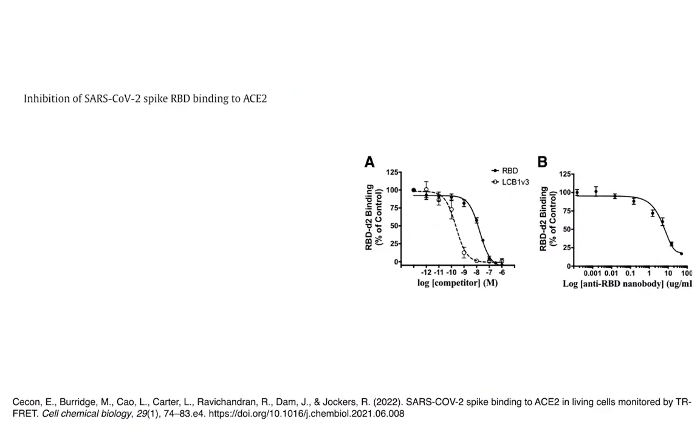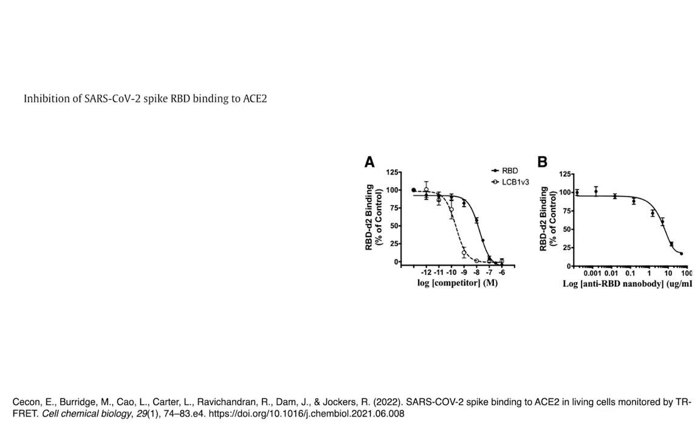So remember our Ki? That's going to tell us about the strength of the competitor or inhibitor binding. When we talk about enzymes, we talk about Ki in terms of the inhibitor binding to the enzyme. When we talk about a competition binding assay, the Ki corresponds to the concentration that inhibits the binding of half of the other thing.